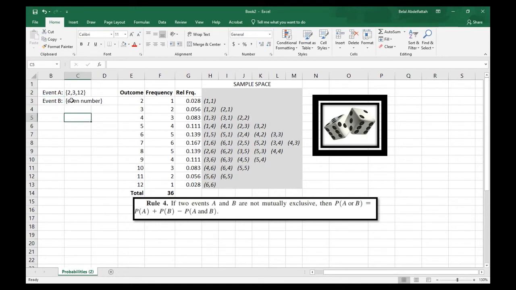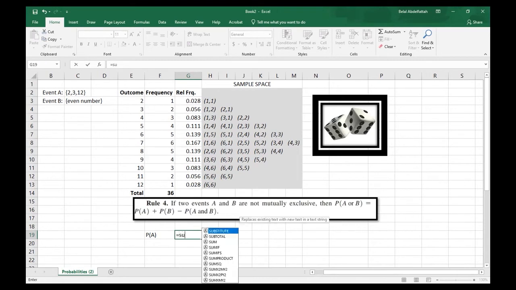So the steps that you would have to take here would be first get the probabilities for event A, and that would represent the P of A. So to get the P of A, let me go ahead and type this in. That would represent the values of 2, 3, and 12. Now we're focusing on the outcomes 2, 3, and 12 in these event labels, but we want to get the probabilities for each of these outcomes, which I have here in terms of the relative frequency.